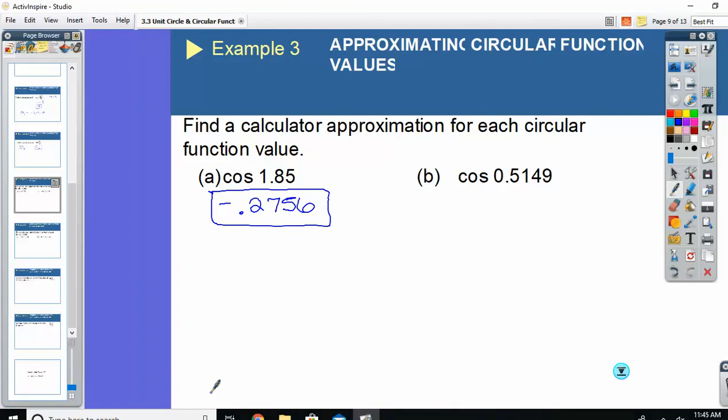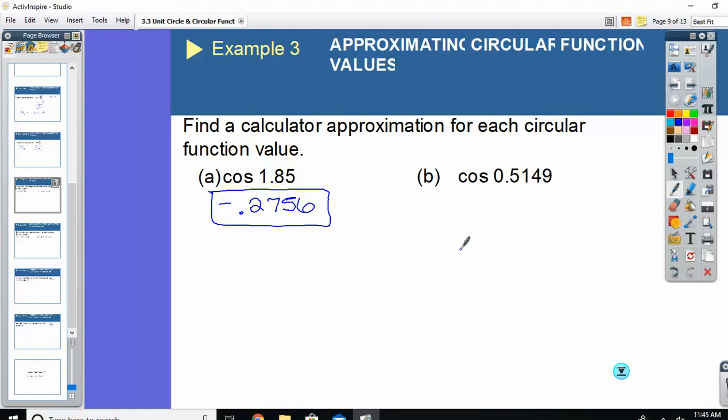Because if you gave me a decimal when the answer was like radical 2 over 2, I would count that wrong.